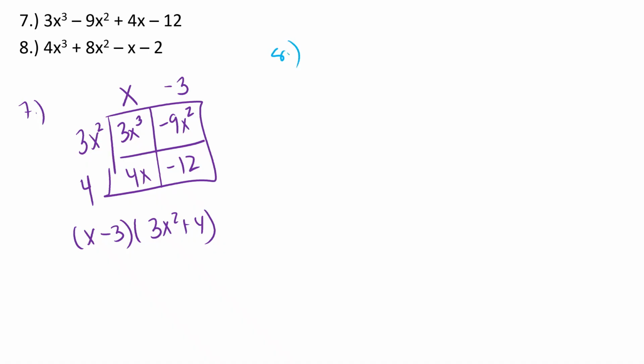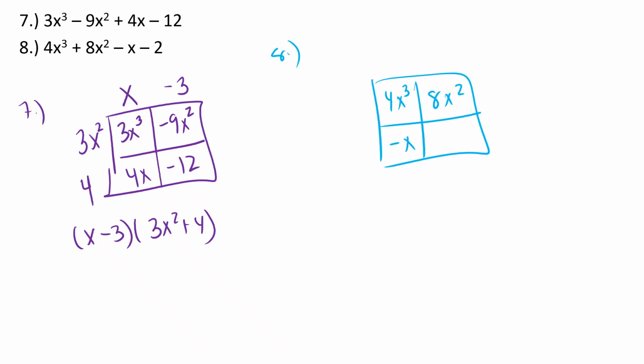Next one. So we set this up. We have 4x to the third plus 8x squared minus x minus 2. And I think it's kind of a toss-up whether I want to factor up this way with like the potential negative, or this way where I've got to deal with the numbers.